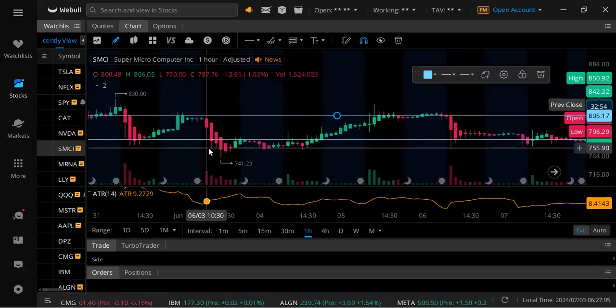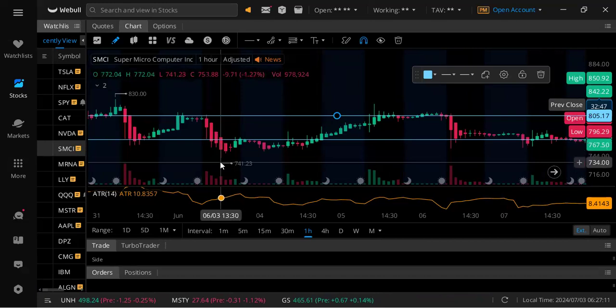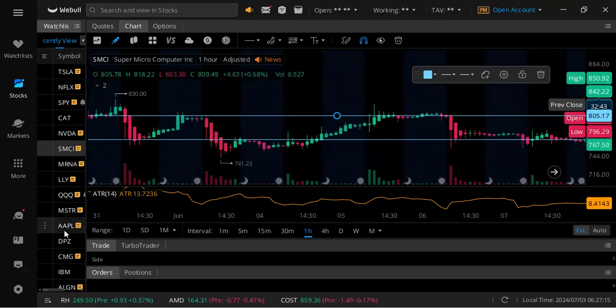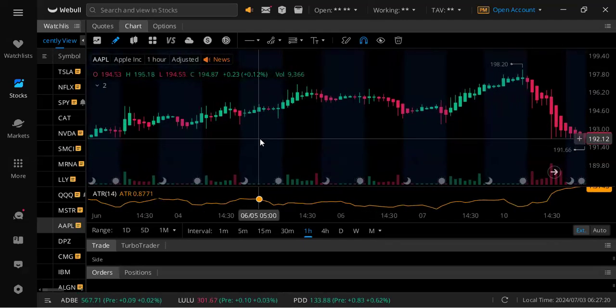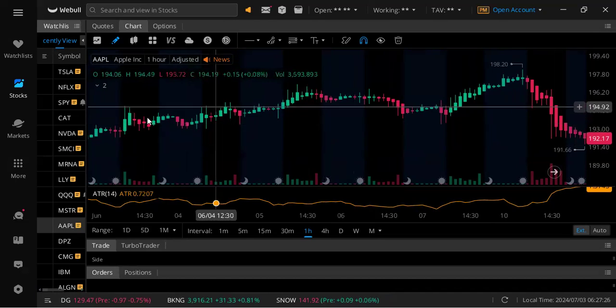When it broke below it, it told you the intention. So it went lower. We saw it hit 741, and then it started going back up. Another example, you can look at every stock, you'll see the first hour determined the trend for that day.